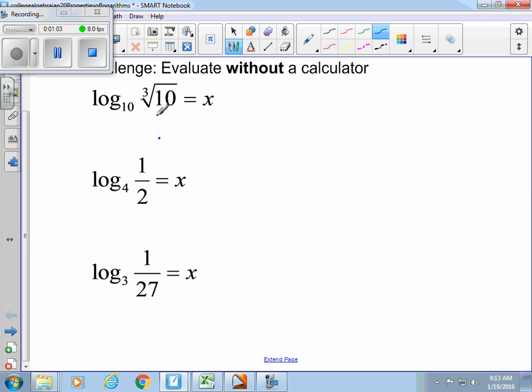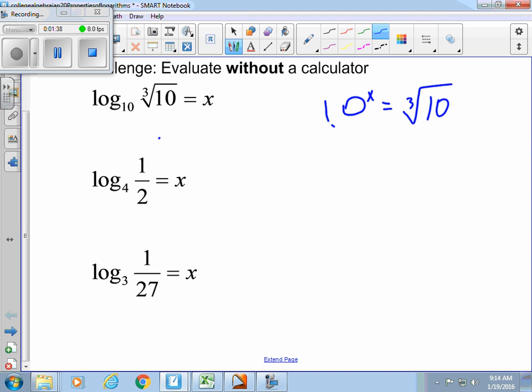Rewrite it, correct? 10 to the x power. 10 to the x equals the cube root of 10.